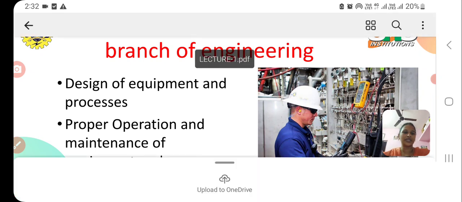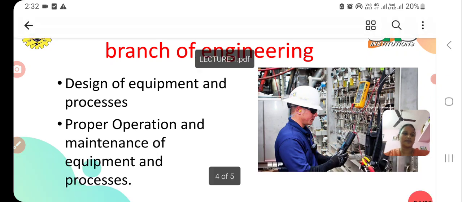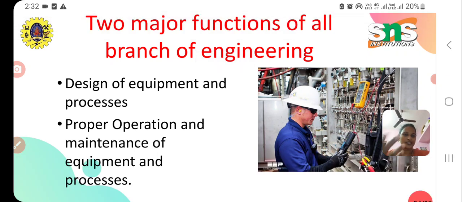Whatever things you use in designing an equipment will have a measurement. In the operation or maintenance process of an engineering graduate, they will also be continuously monitoring the operation with proper measuring equipment. That is what maintenance and operation is all about.